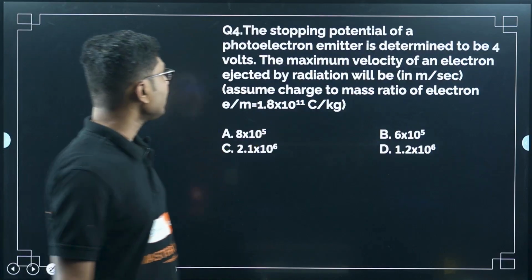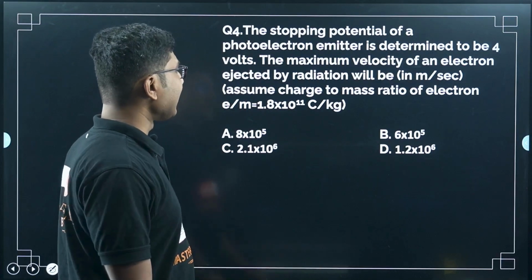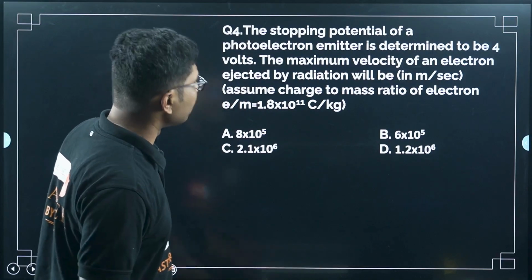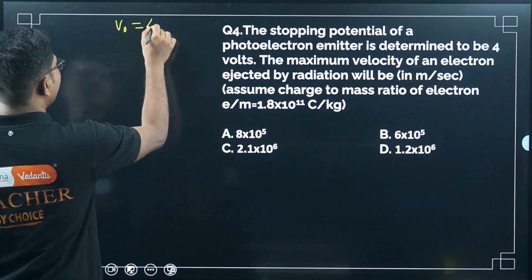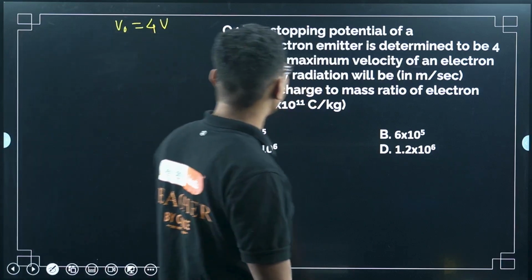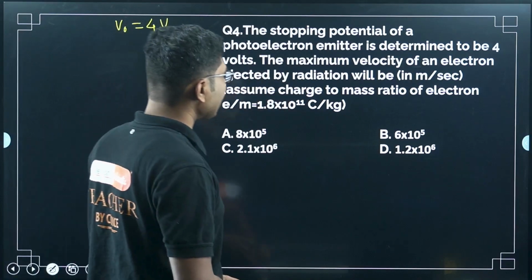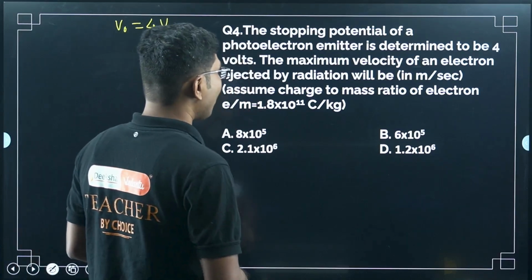Okay. Now, the stopping potential of a photoelectron emitter is determined to be 4 volts. So what is the stopping potential? V naught. V naught is given as 4 volts. Okay, the maximum velocity of an electron ejected by radiation will be. So they have asked you to find the maximum velocity of the electron, right?